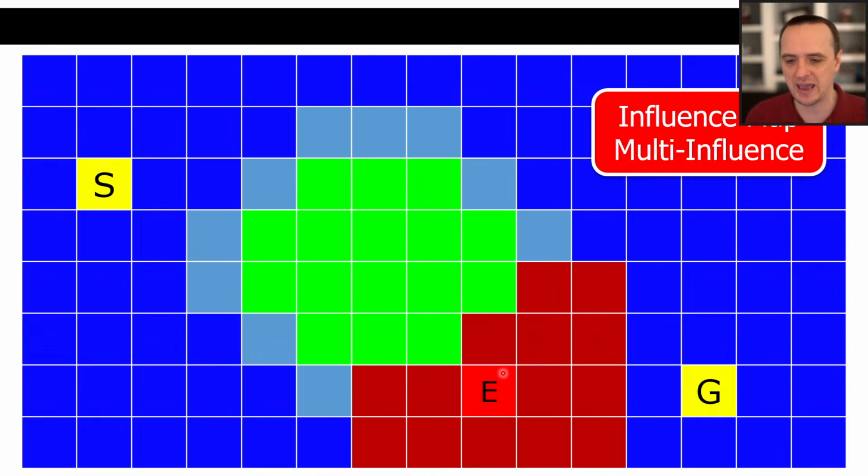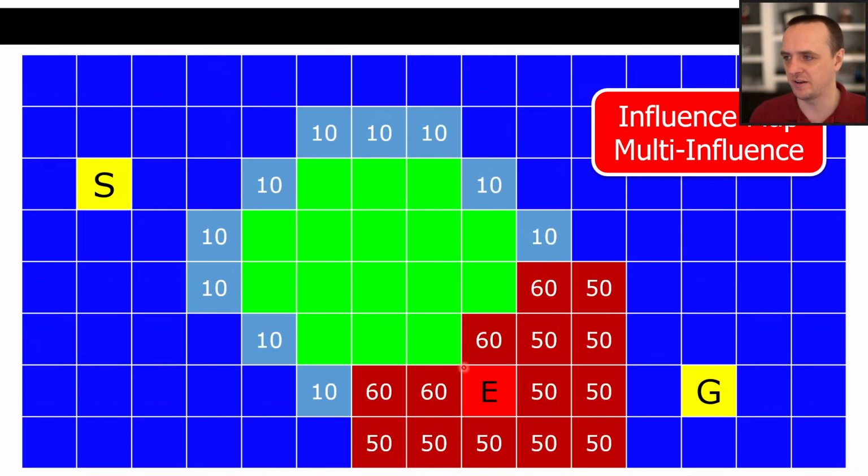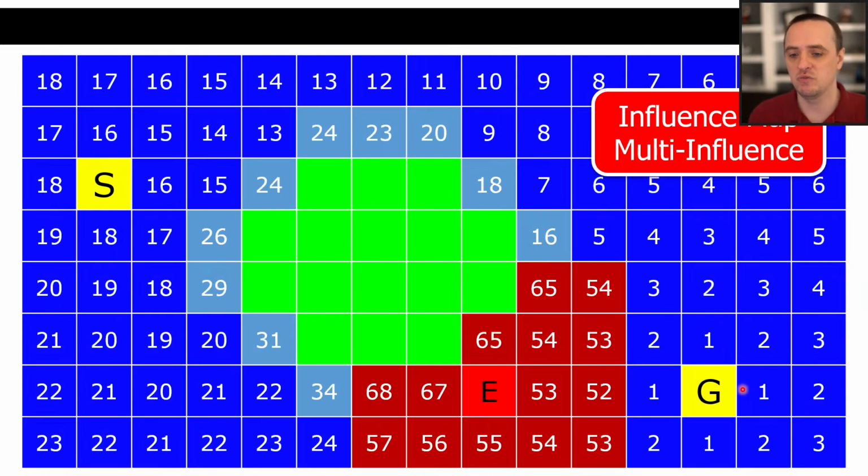So let's say we had this enemy here that was like a turret, or a bunker that could shoot at us, and we really don't want to be near that thing. So we assign it a value of 50. If our only way to get to the goal was through this enemy's line of fire, of course we would have to do it, but we really don't want to.